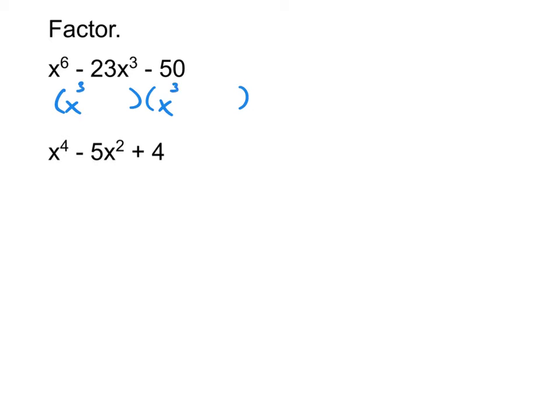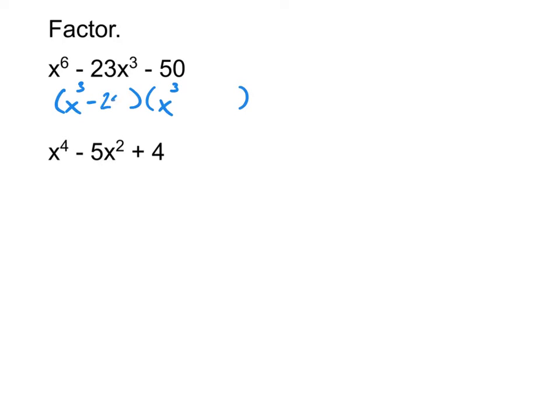It will always be the same as this middle one, or half of the first one, whichever way you like to remember it. Because this only works as long as this first exponent is double the middle exponent. All right. Makes sense. And so now we're doing the same thing that we did before. We're saying what two numbers add to negative 23 and multiply to negative 50.